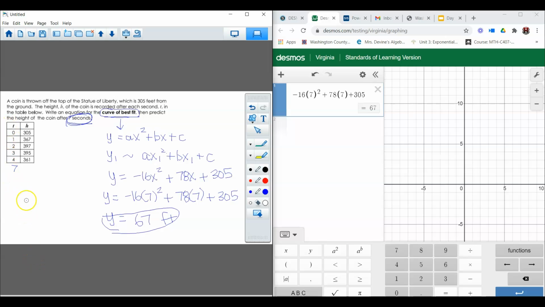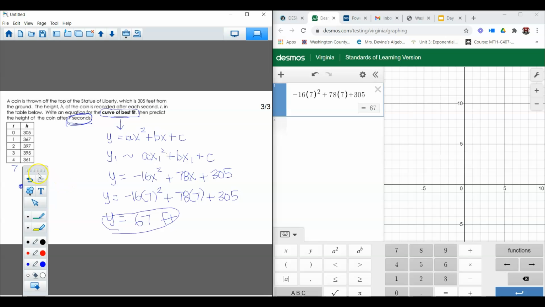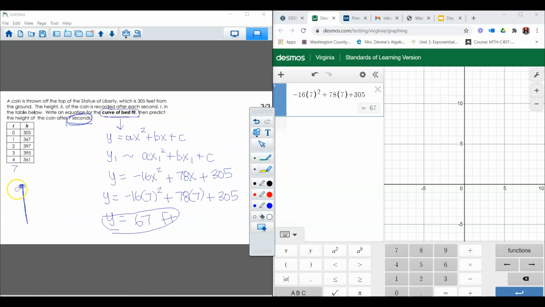Now, what you may notice here is it talks about the top of the Statue of Liberty being 305 feet from the ground. So you'll notice the coin starts out 305 feet from the ground. And then what you should notice is the height goes up and then starts to come back down. The reason for that is if this line represents the Statue of Liberty and I'm standing here throwing that coin off, I'm not going to throw that coin straight down.